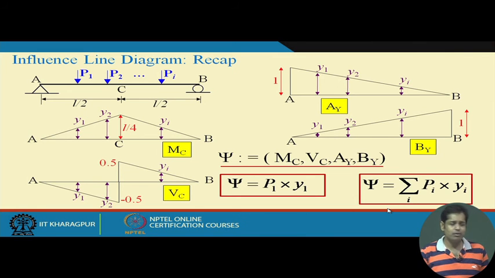What we have done so far is the influence line diagram. For now we have demonstrated it through a beam only, so let us take a beam. If you know the influence diagram for a beam, what is the use of it?